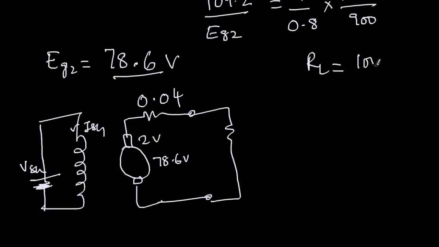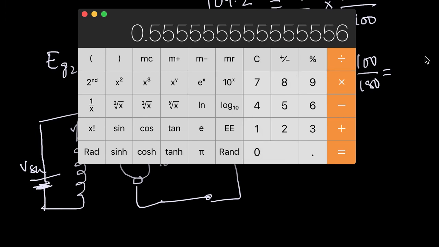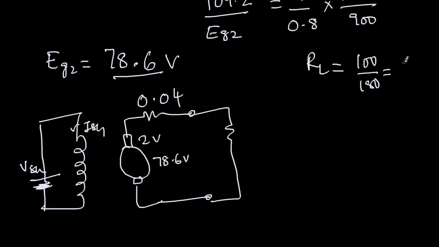So V by 180 will give me the load resistance, which is 100 volts divided by 180 amperes, 0.555 ohms.